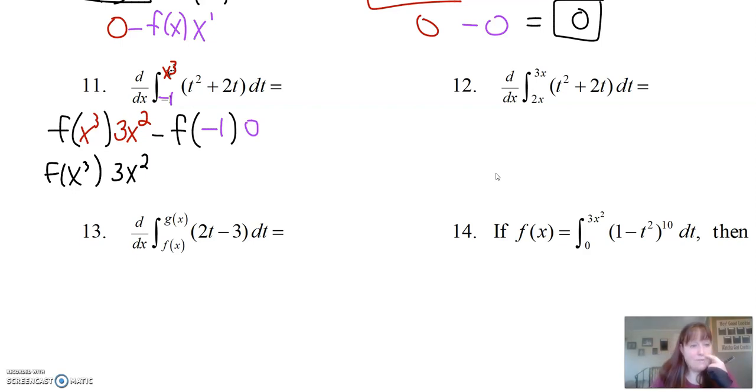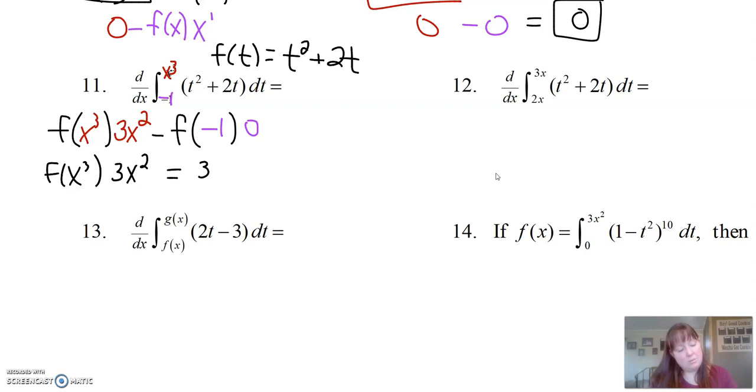Well, what is f of x cubed? f of t was t squared plus 2t. So for f of x cubed, everywhere there's a t, we just put an x cubed. We're going to put the 3x squared out here just so it's easier to remember, and then we've got x cubed squared plus 2 times x cubed.